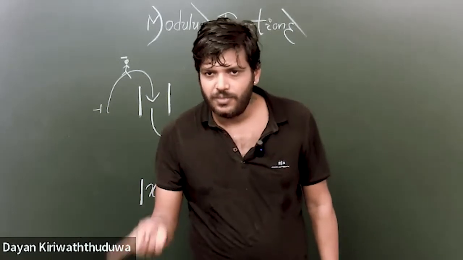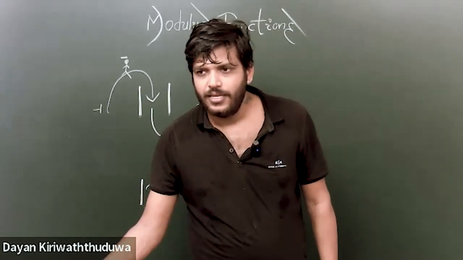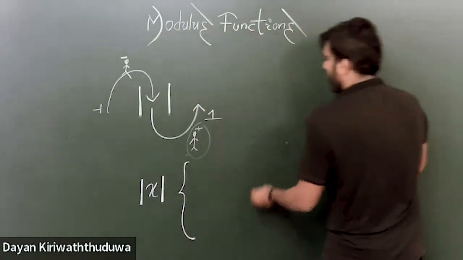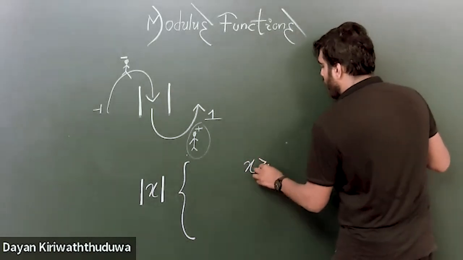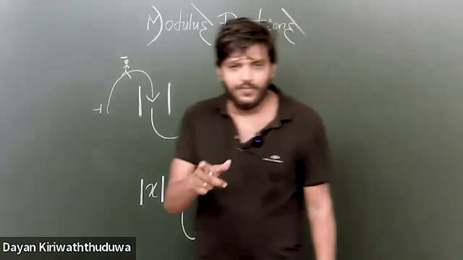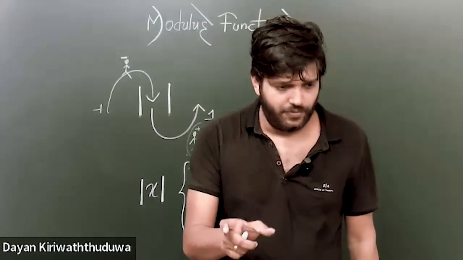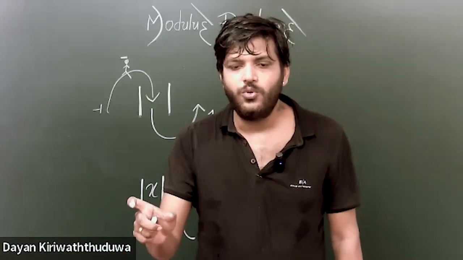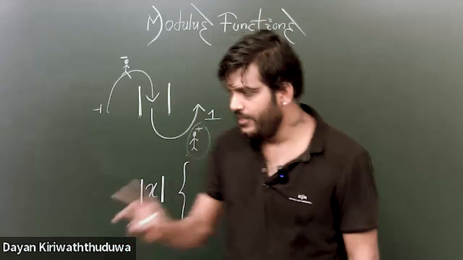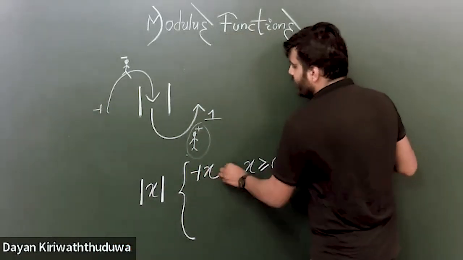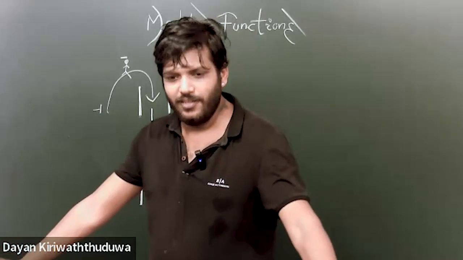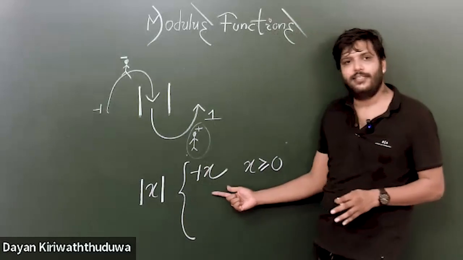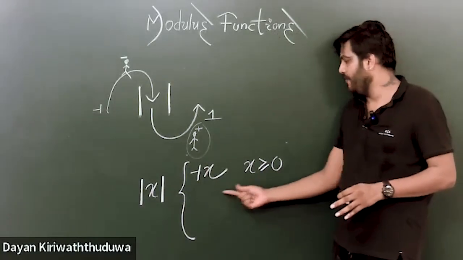So I would say, if x is greater than or equal to 0, in other words non-negative, then we would say that it is positive x. We don't change anything. You keep it as it is. If x is greater than or equal to 0, we keep it as x.